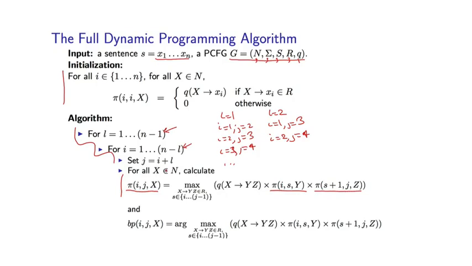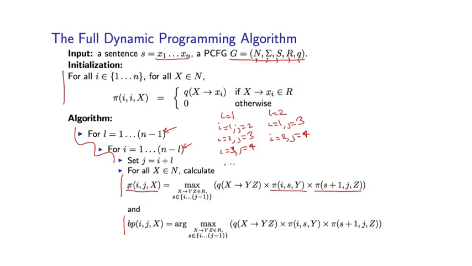The only other thing is that, remember, these pi values are just going to store the maximum value for the probability of any subtree rooted at X spanning words i through j. But we really want to recover the tree that achieves that max. We do this by storing back pointers in a very similar way to the algorithms we saw for HMMs.